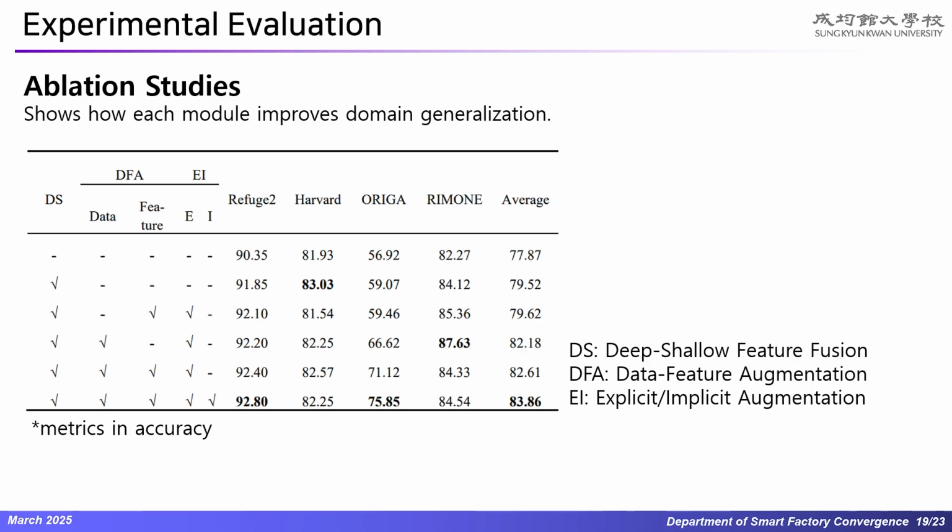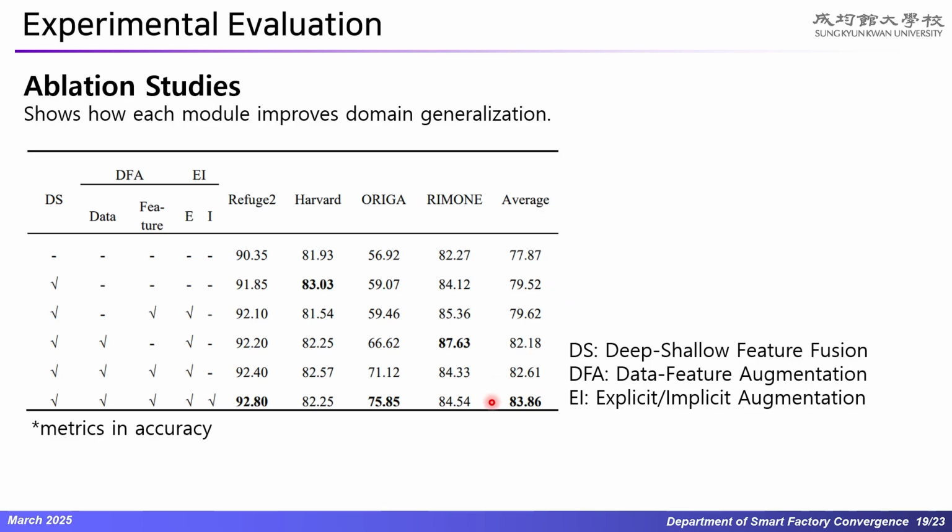And this is the ablation studies, which shows how each module improves domain generalization. And I think this is pretty important because we can see here that on baseline, only the ResNest 50, it does 77.87 here on average.